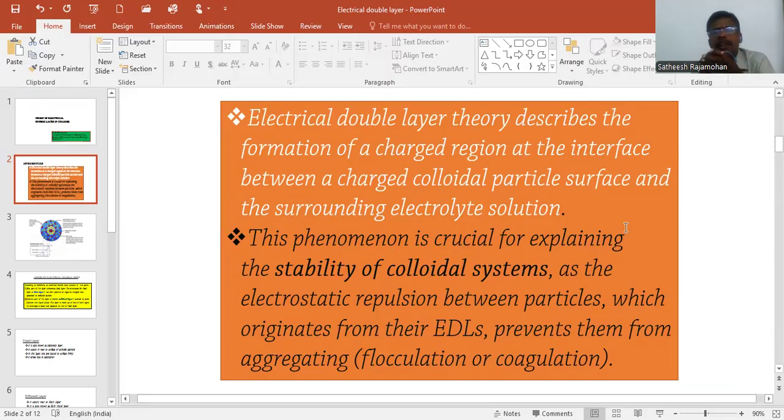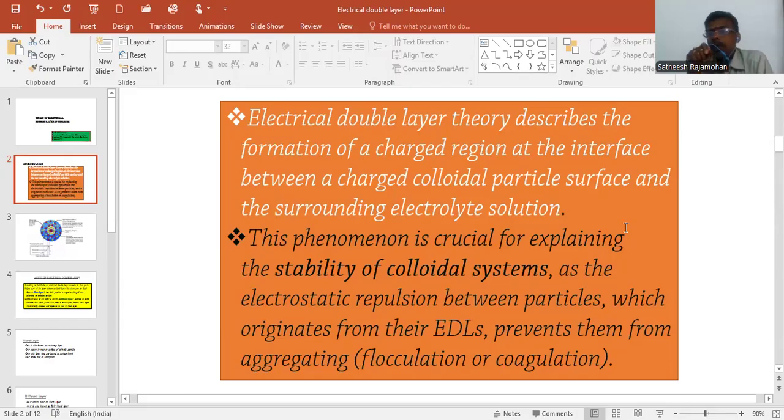Electrical double layer theory describes the formation of a charged region at the interface between the colloidal particle surface and the surrounding electrolyte space. What is meant by a charged colloidal particle surface?